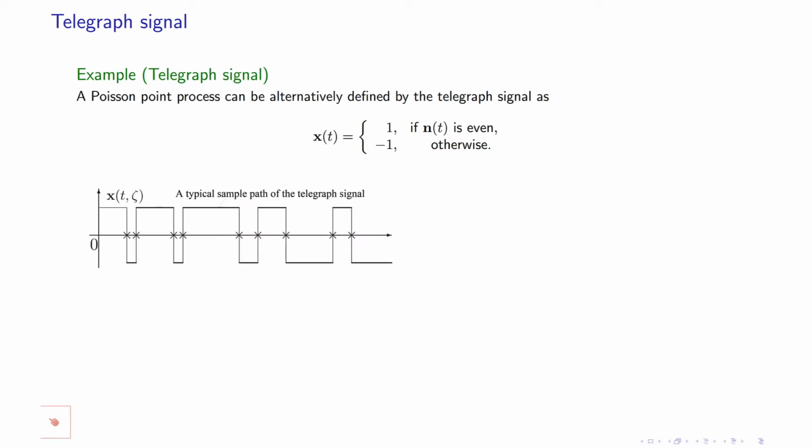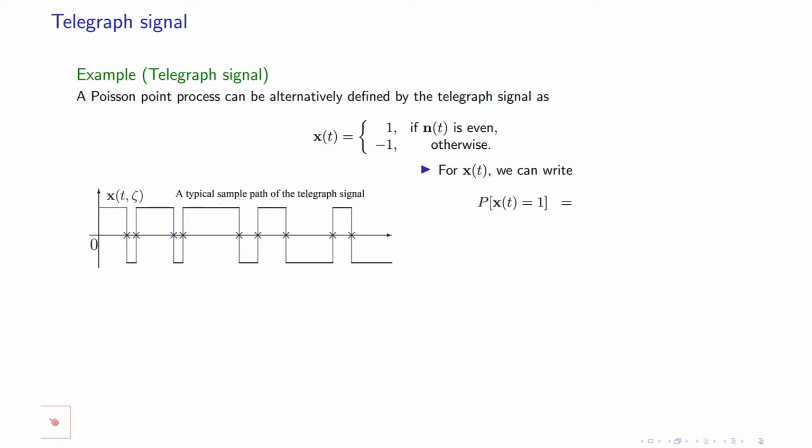At the first point you get 1, then you get -1, then you get 1, and so these edges of these pulses give you the discrete points in time. So there is a one-to-one relationship between x of t, and let's say this is t1, this is time t2, that's time t3, t4, etc. So the sequence of tn, which is the point process, a sequence of random variables, is defined in a one-to-one relationship with x of t.